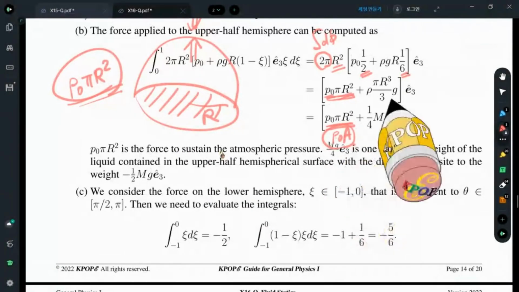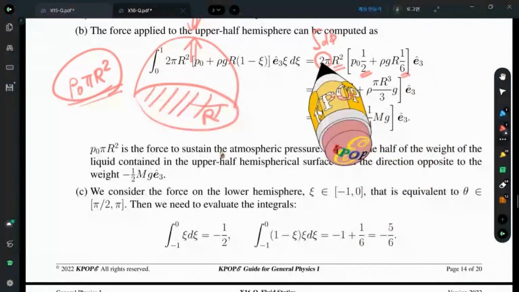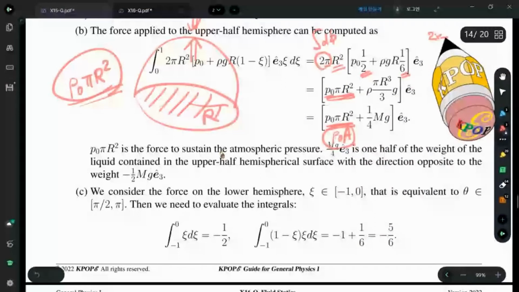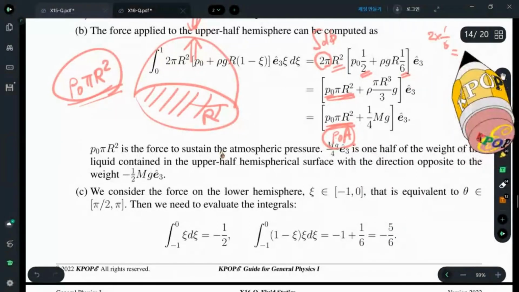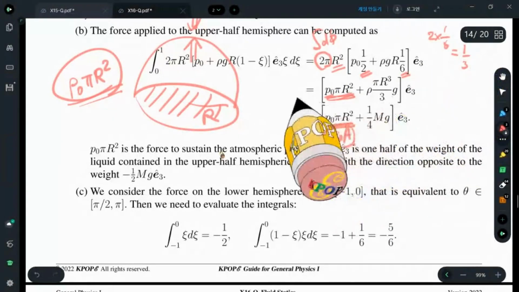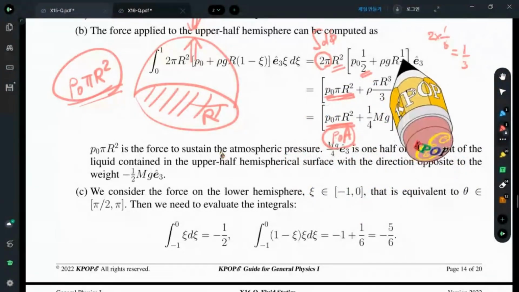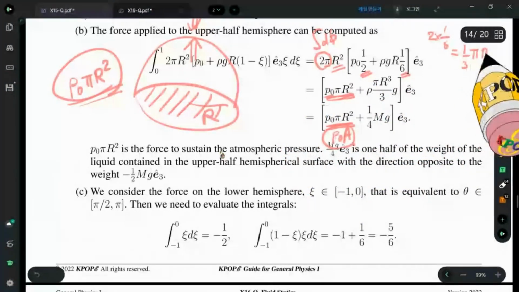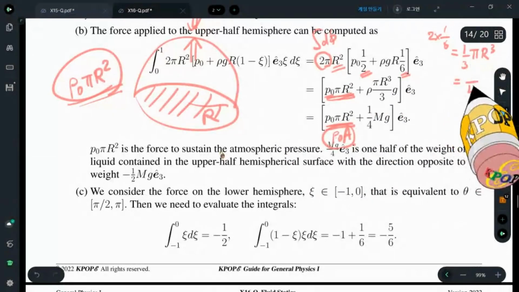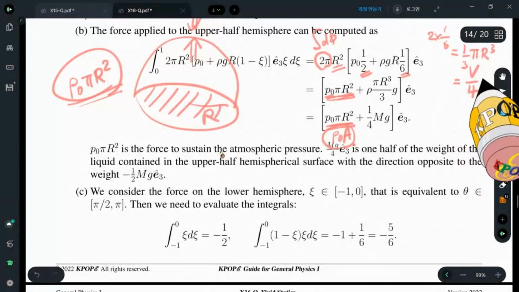And we have this one. The factor of 2 times 1/6 is 1/3, and we have pi r squared and an additional r, so pi r cubed. It is 1/4 of the whole volume.